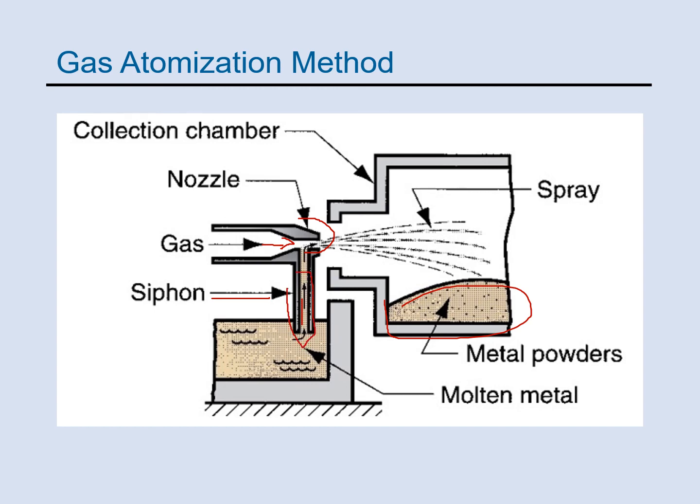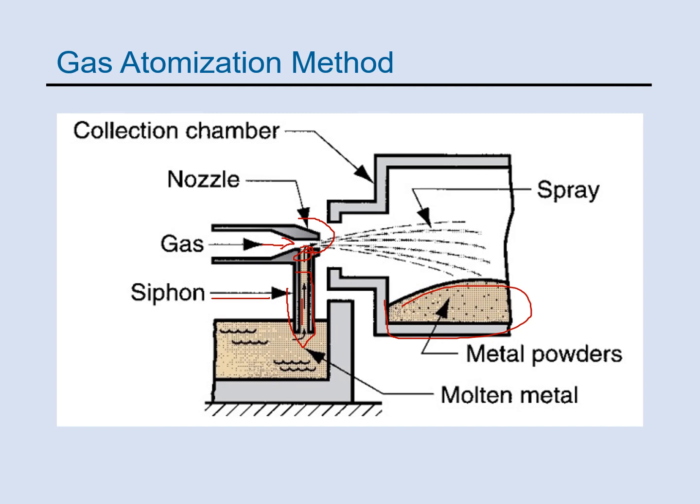So this molten metal goes up here, this part, and when it comes there, it will be exposed to the gas stream, and the gas stream sprays the molten metal into a chamber.